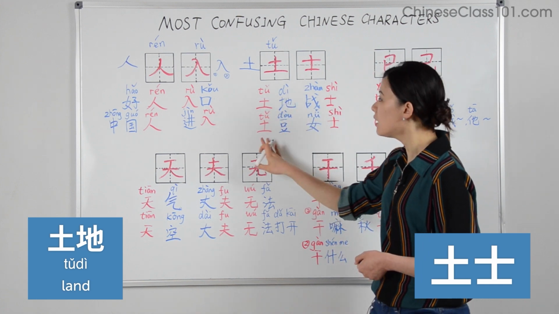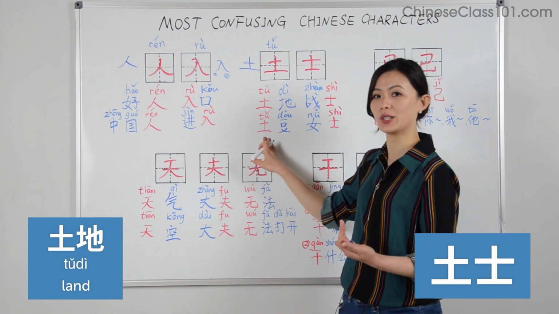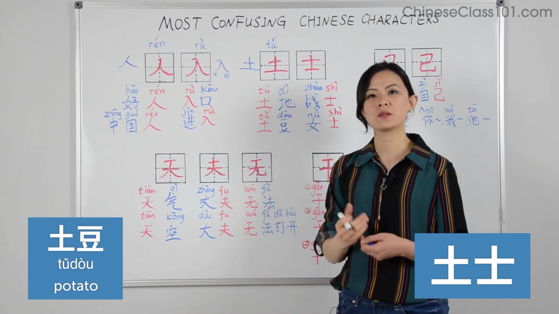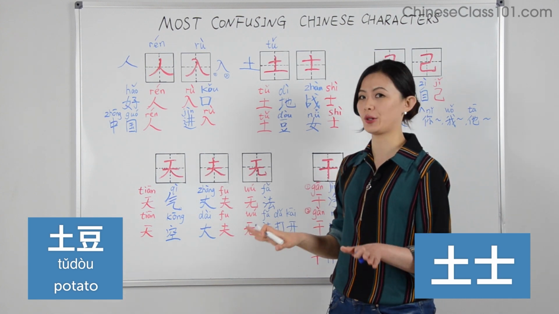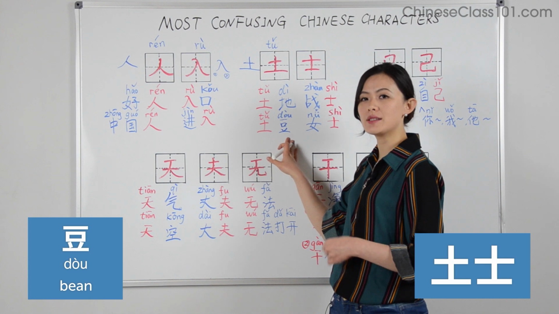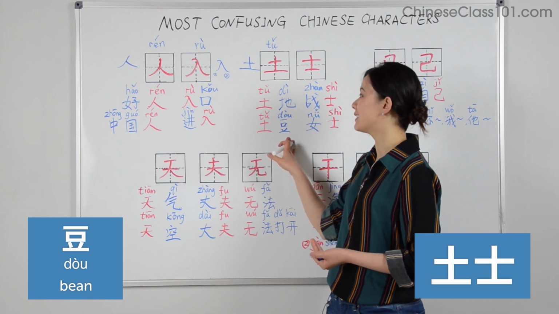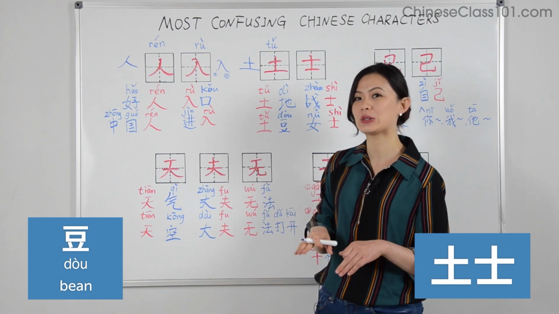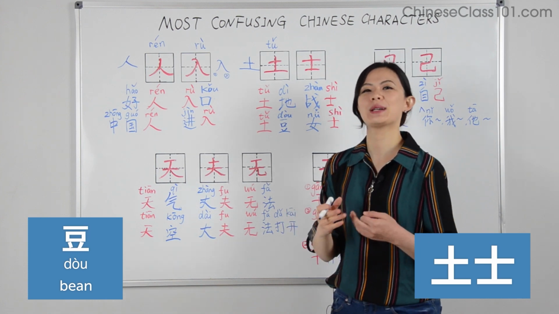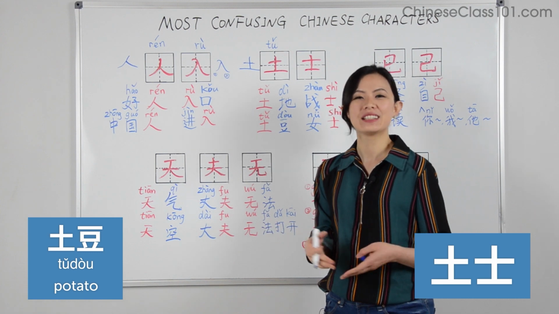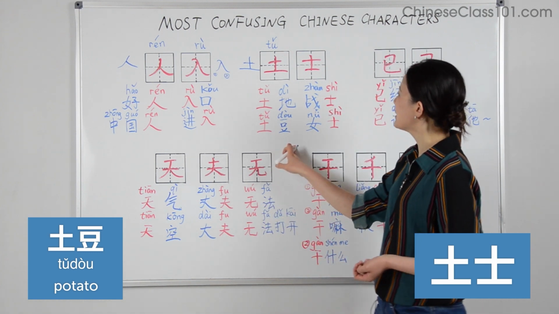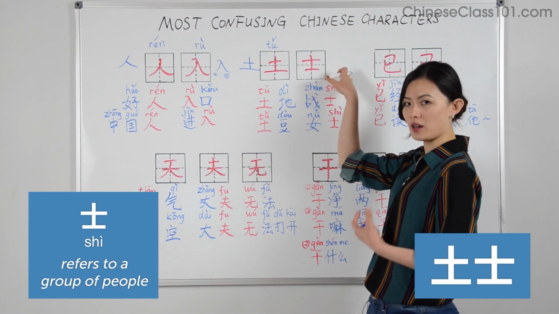Well, the next phrase or word, 土豆, is a kind of vegetable. This vegetable grows underneath the dirt. 豆 means bean, and the kind of bean that grows under the dirt, in the earth, is otherwise known as potato. 土豆, potato.